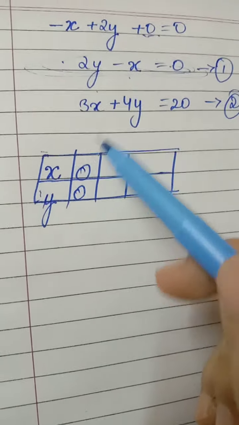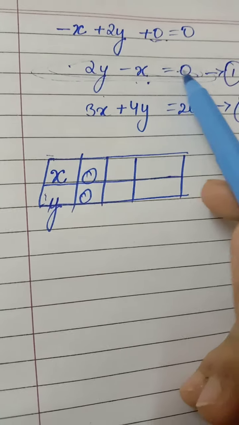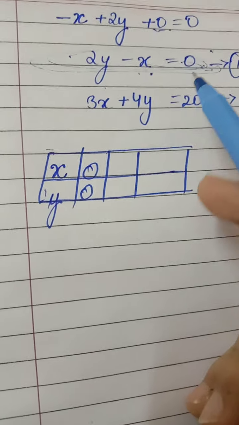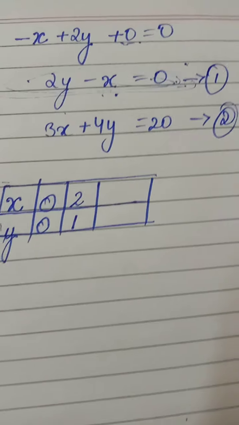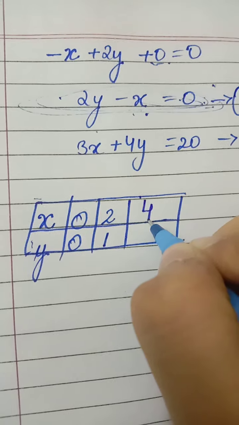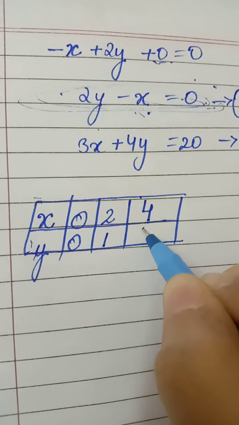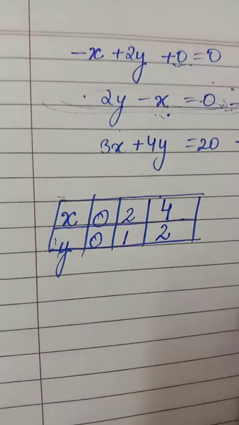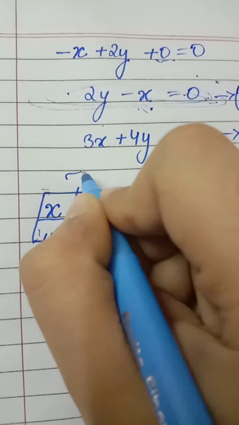If we put x as 2, then 2y minus 2 is equal to 0, 2y is 2, so y is 1. That gives 2 and 1. Then we put x as 4, then 2y is 4, so we get y as 2. So these are the solutions for the first equation.